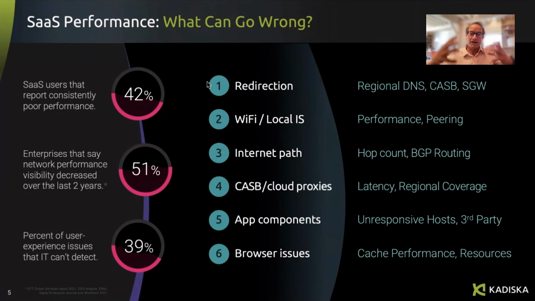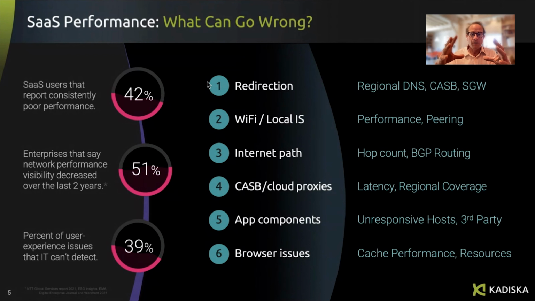And then if you place something in the middle, like a cloud proxy or a CASB, you are going to have a first set of redirection, which is going to take you to one place, and then there will be another set of connectivity from that CASB platform to the SaaS, which will drive another influence on the end-to-end connectivity for the user.